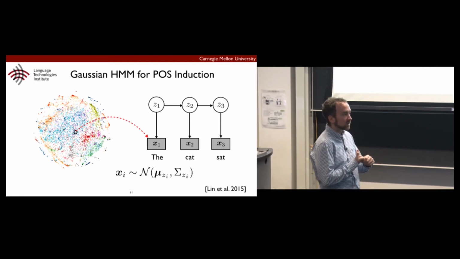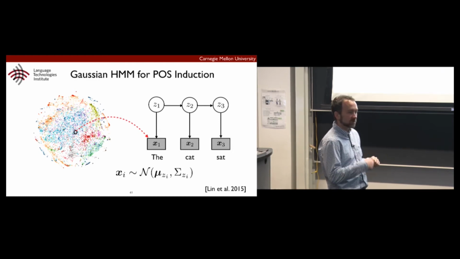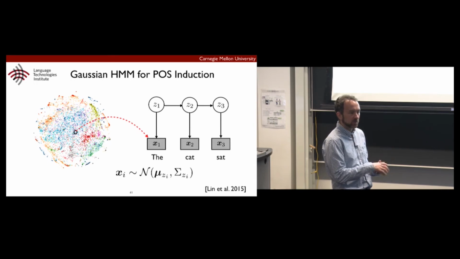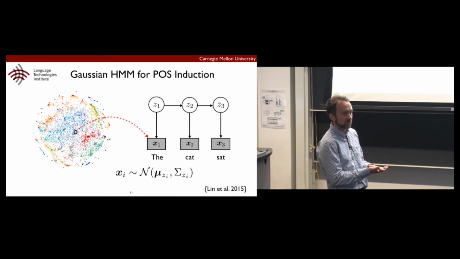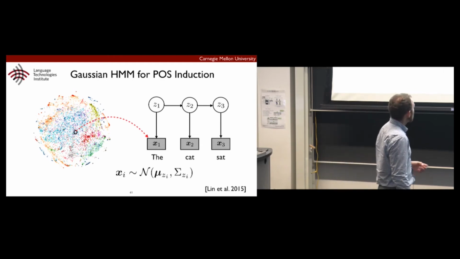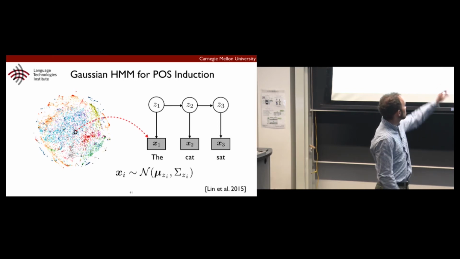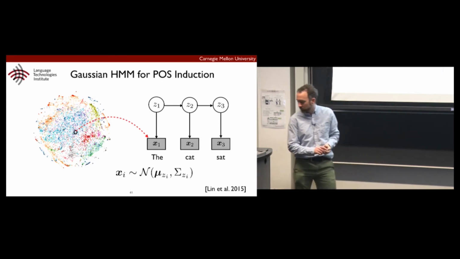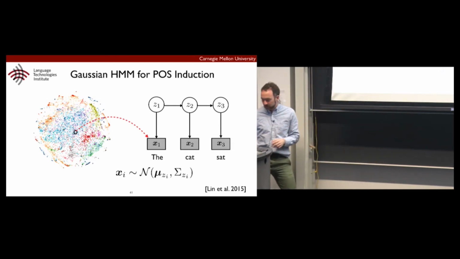In that case, it's much more effective to pre-train the word embeddings, simply because our labeled part-of-speech data is very small, but our word embedding data is big. We can use raw text. The second part of the question is that what we're doing here is unsupervised part-of-speech induction, so we don't have any labeled data, and we can't do that trivially. So we run word2vec first, and then we do inference to try to cluster things together.